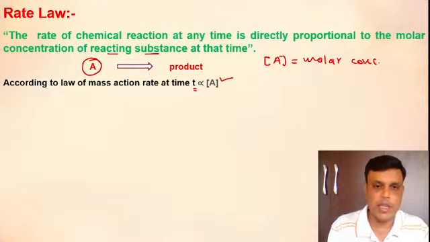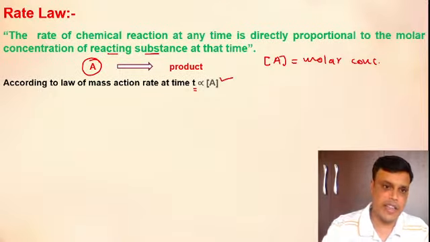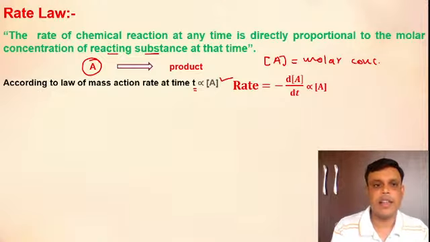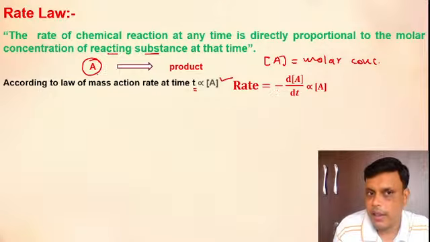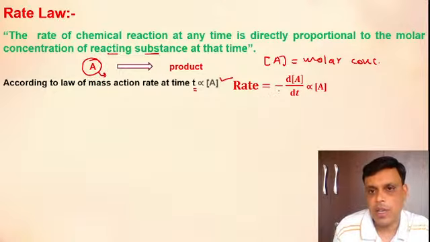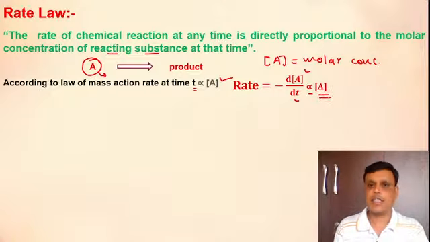Now how will you write it? Rate is equal to minus, because we are writing the rate with respect to the reactant, and the concentration of reactant decreases, so the negative sign is there. Minus d[A] by dt is directly proportional to the concentration of A.